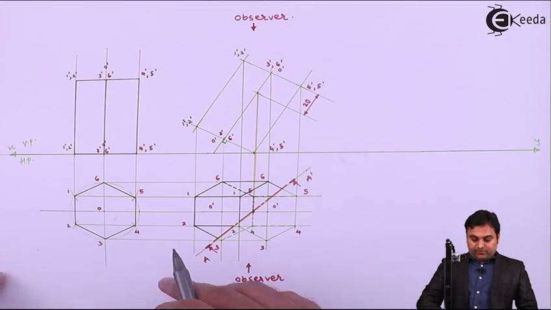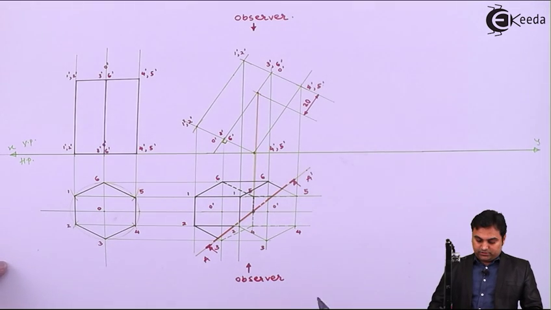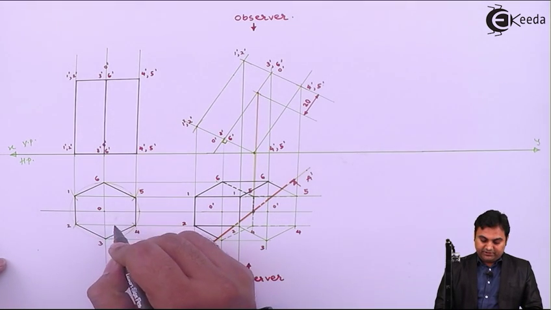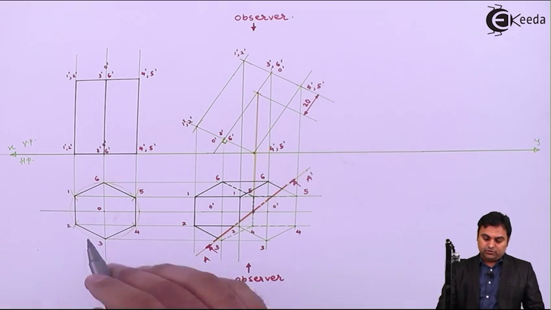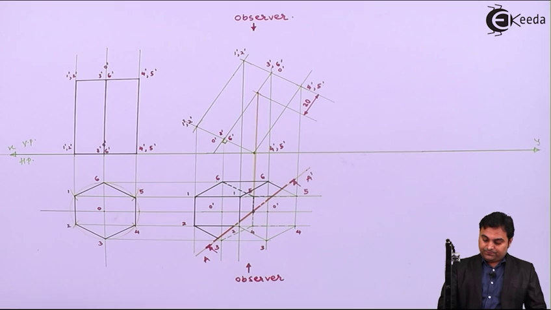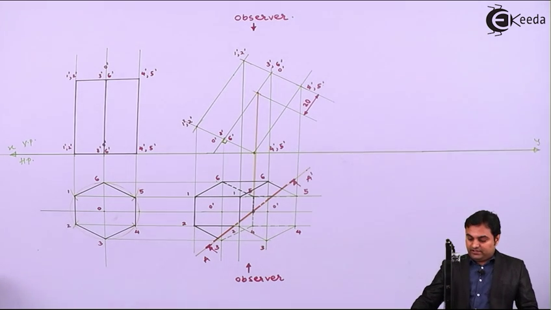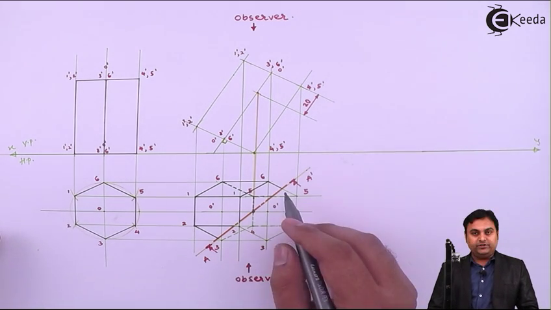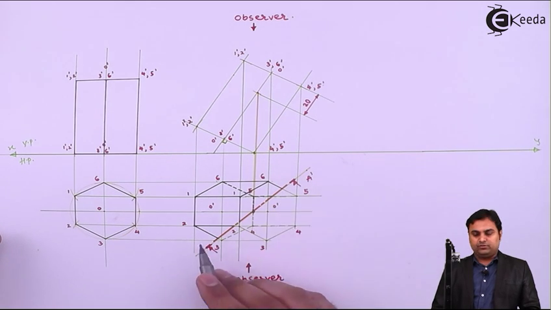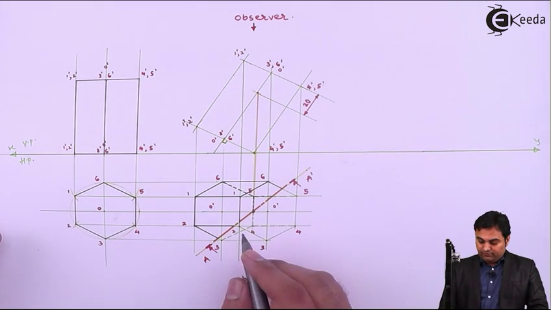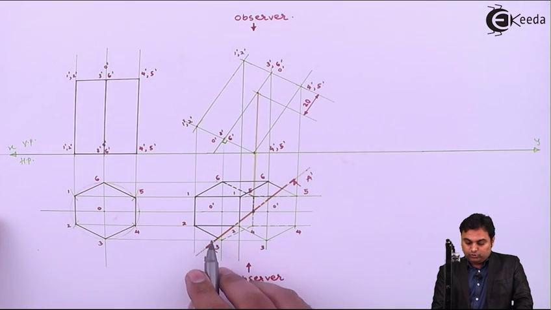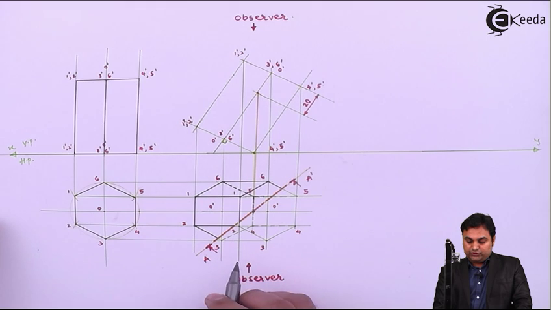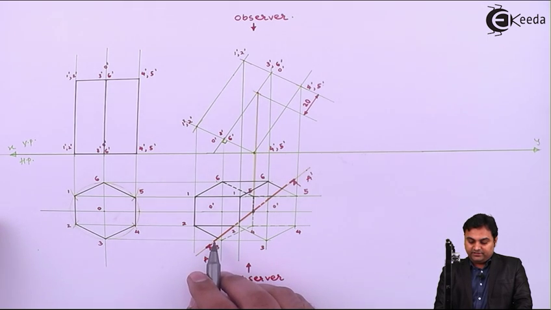So next, after making this initial condition dark, here the corners will not be connected to the apex because it is not a pyramid. Here we have a prism, so we'll have to leave it as it is. Next, I'll give the notations to the points which are passing through the cutting plane. That is, first, as an observer here, 2 to 3 is the edge which is closer to the observer, and the cutting plane is cutting this edge.